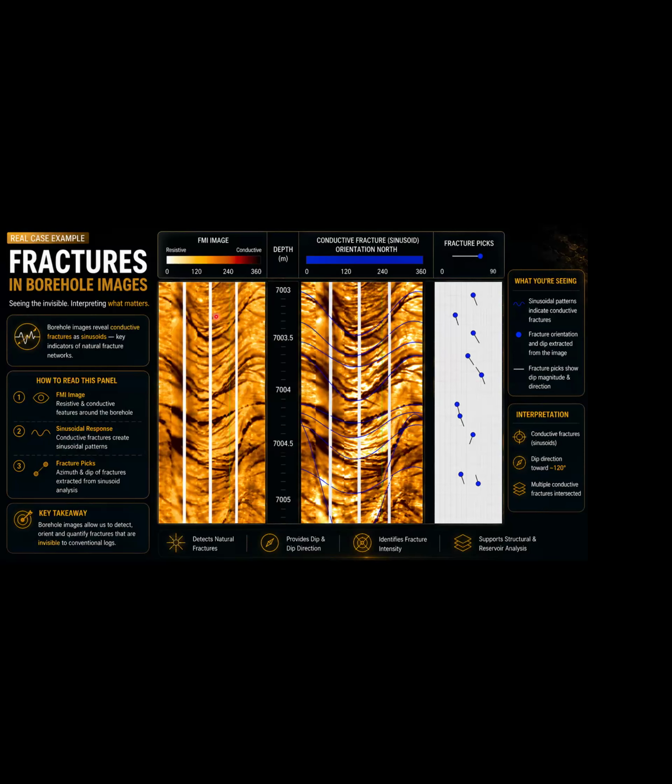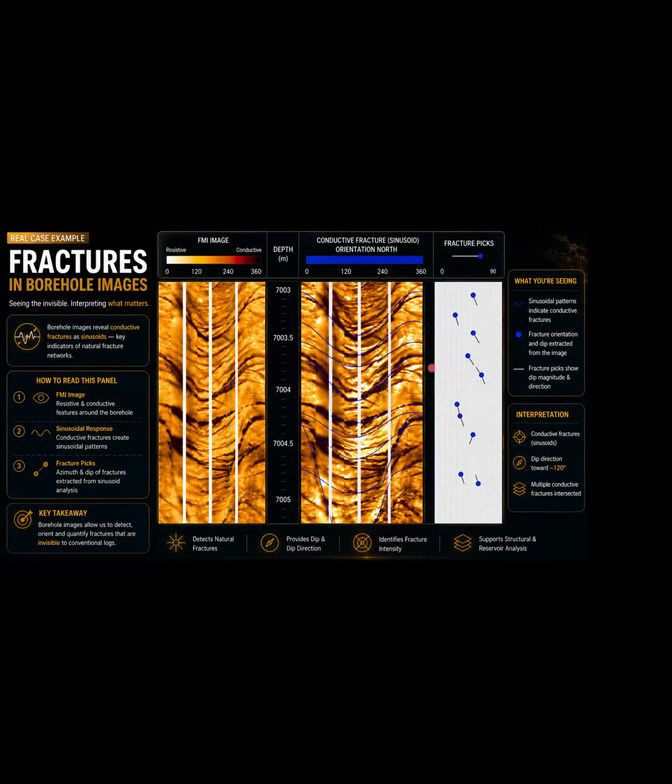Usually you will see an image like this, with these kinds of sine waves or sinusoids. Usually we trace the fracture here. This is the unfolded view of the wellbore.